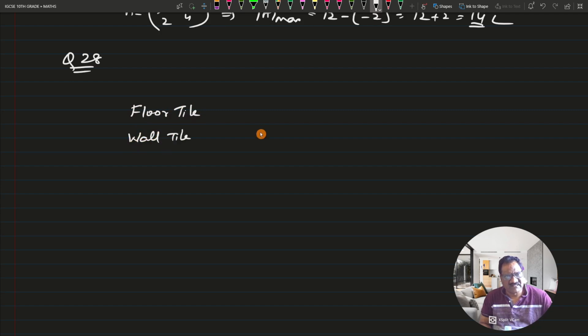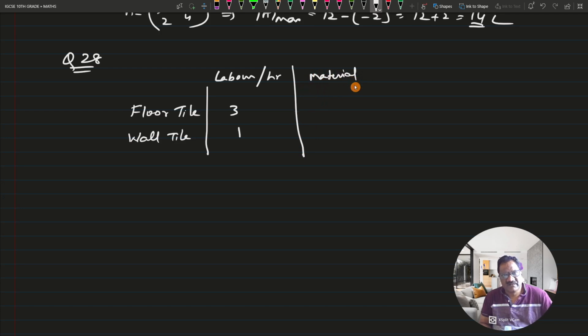which are being manufactured. Now the labor requires 3 hours for floor tiles and 1 hour for wall tiles. This is the table given in the question. The material required per tile is 4 and m.